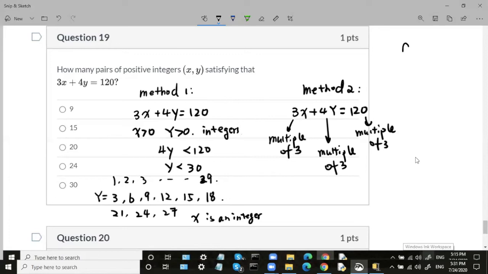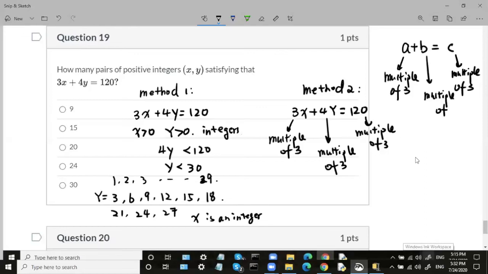For example, we have the equation a plus b equals c. If a is a multiple of some number, let's say 3 in this case, and c is also a multiple of 3, then b has to be a multiple of 3.